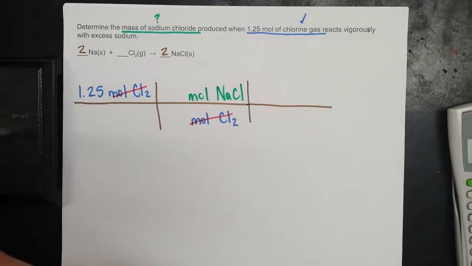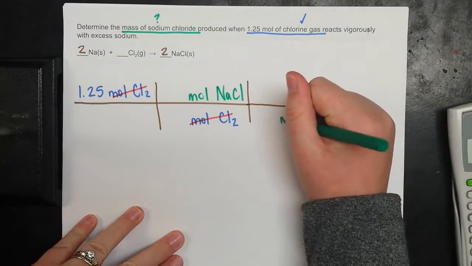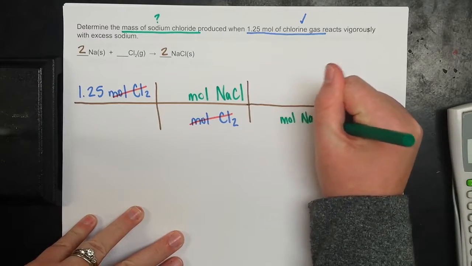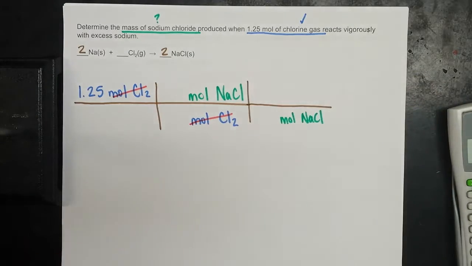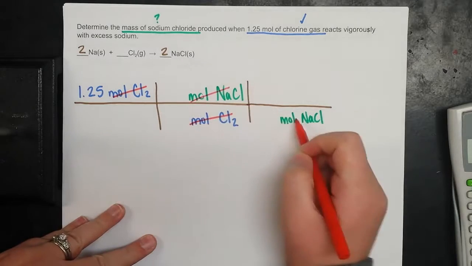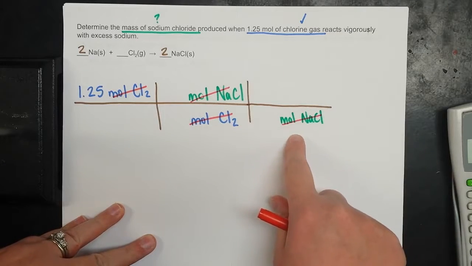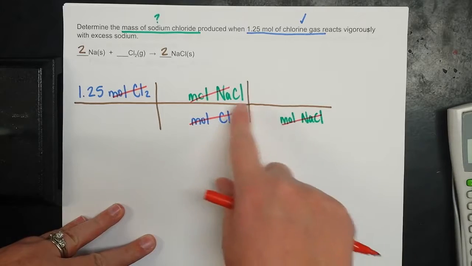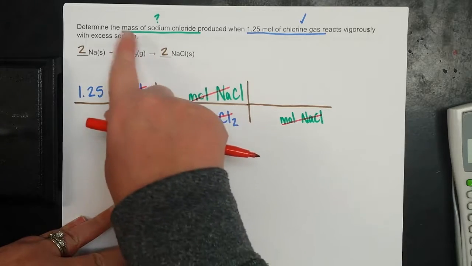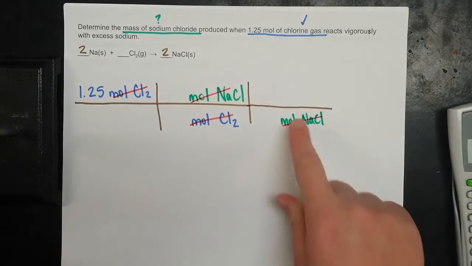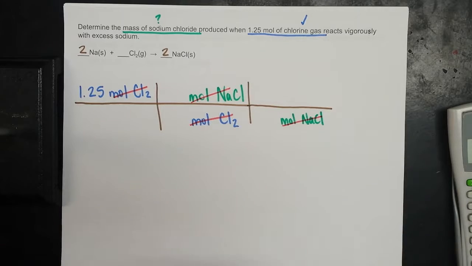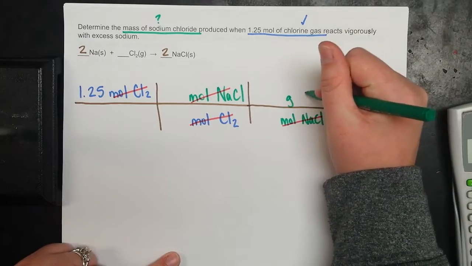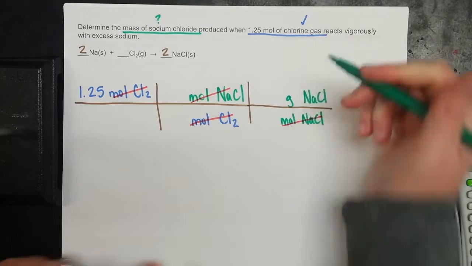I don't want to talk about moles of sodium chloride, so I'm going to write moles of sodium chloride in my denominator so that they cancel out. And I know that if I have moles of sodium chloride, I can find the mass using molar mass. So I've got a relationship between moles of sodium chloride and grams of sodium chloride.